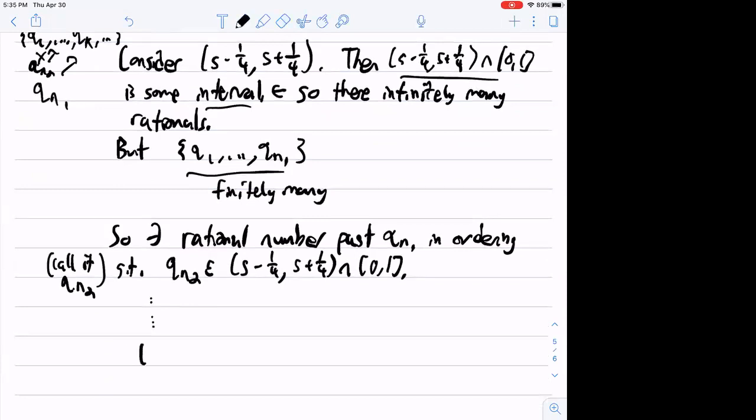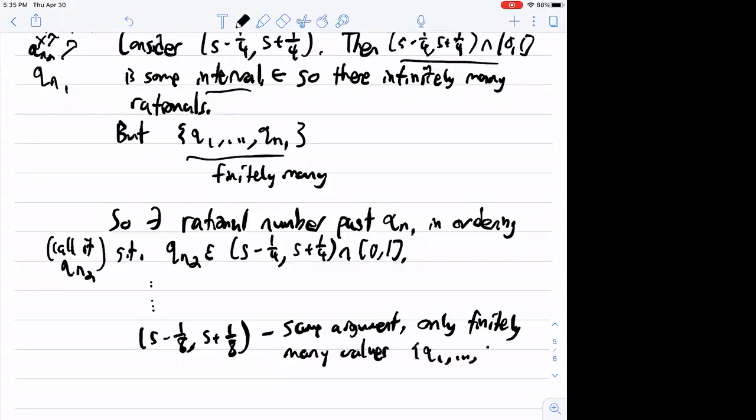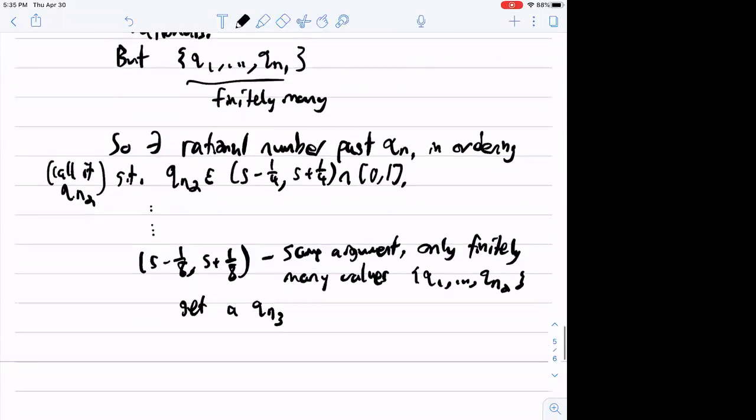You consider s minus 1/8, s plus 1/8, and then same argument. Only finitely many values from Q1 all the way to Qn2, and there's infinitely many in that interval, and then you get a Qn3. And then you keep going. Yeah, and then that'll be your subsequence.